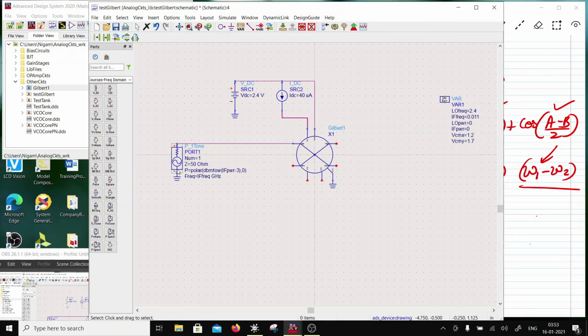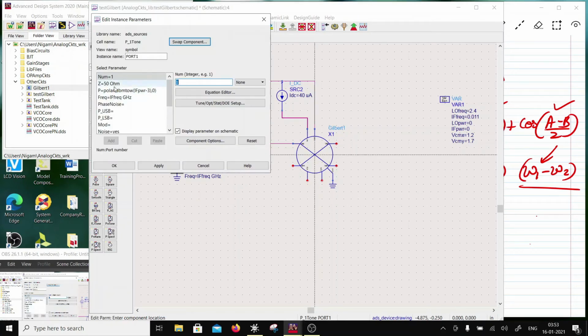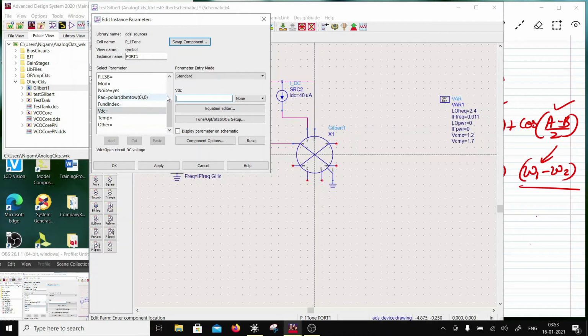One more thing I have to make sure of here: DC voltage is going to be equal to Vxm. Vx is the bottom, so it will be less.